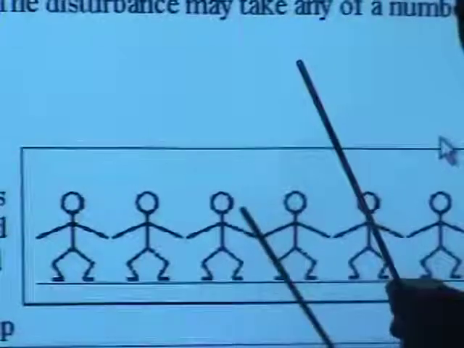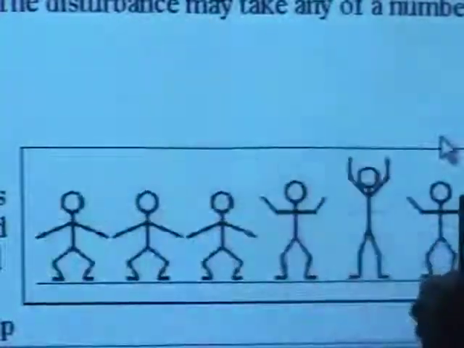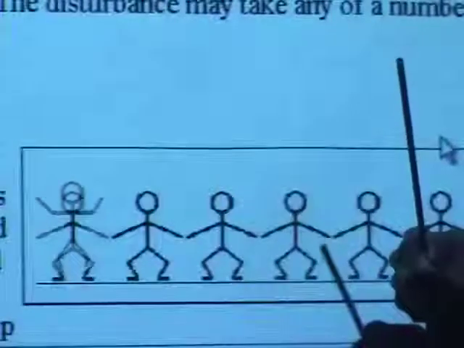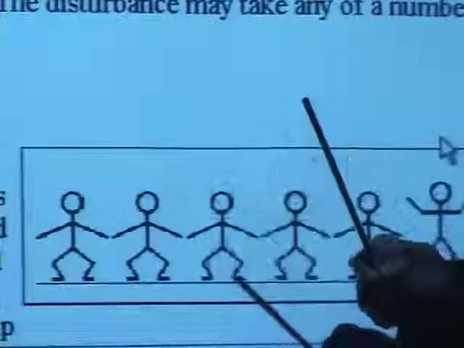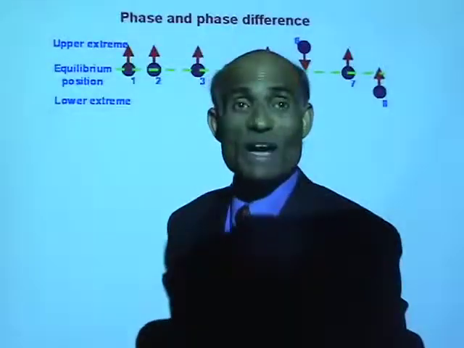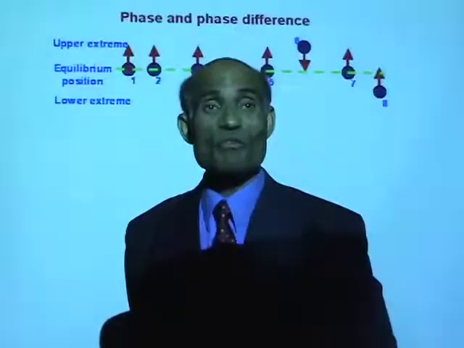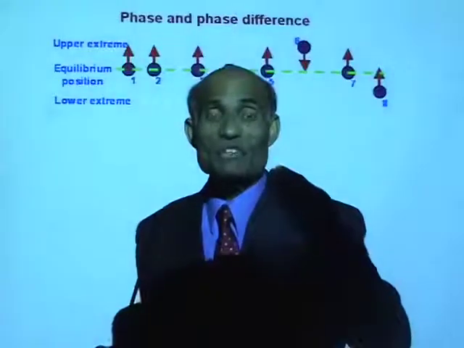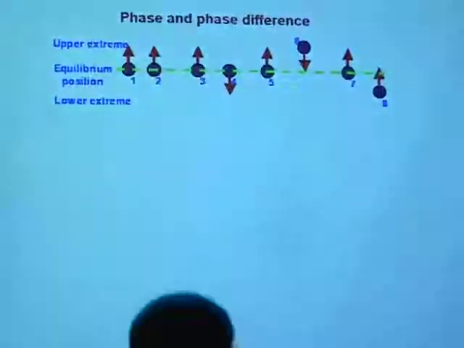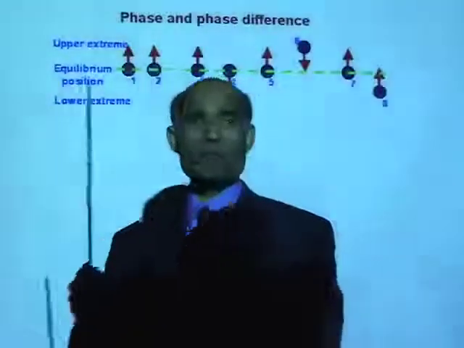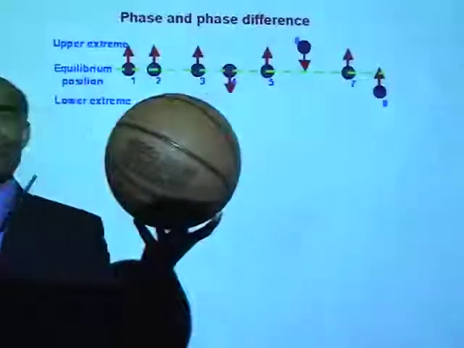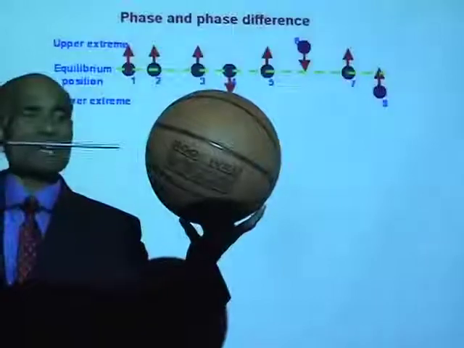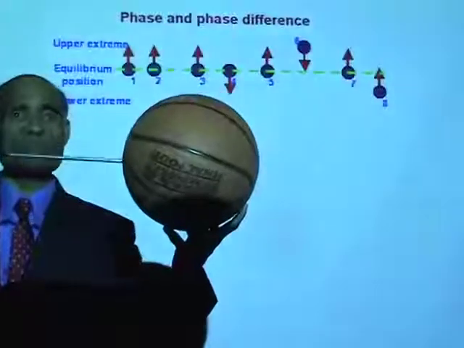Alright, I think we have been using this word phase difference quite a lot. Let's now try to understand the meaning of phase of vibration and phase difference. Now here I have a particle, my basketball. If I set it into vibration, I want you to watch some of the terms I'm using.